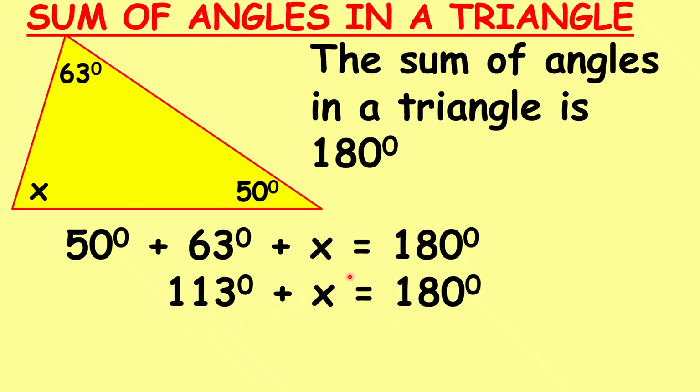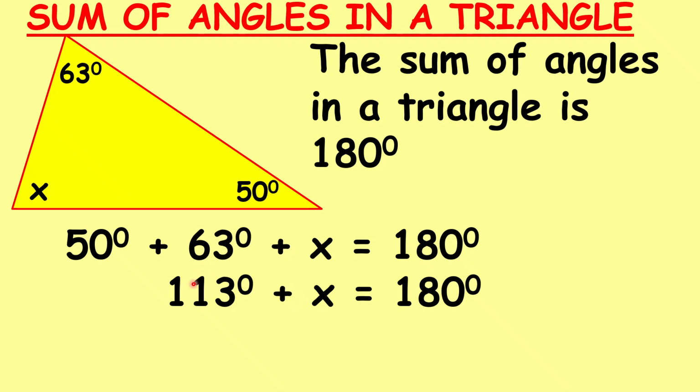And if we want to solve for x, that is leaving x on this side, we will take 113 degrees to the right hand side to meet a similar like term, which is 180 degrees. So this 113 degrees here is positive.